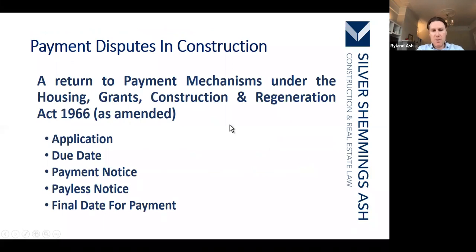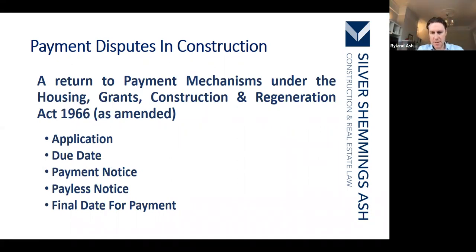So when we look at the Construction Act, what it says is that each construction contract must have an adequate mechanism for payment. So what that means is effectively that you must be able to determine what are the regular due dates and final date for payment.